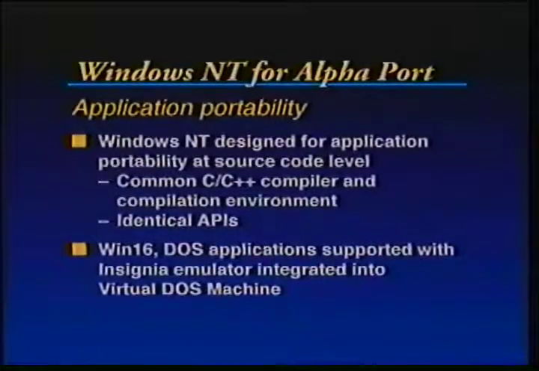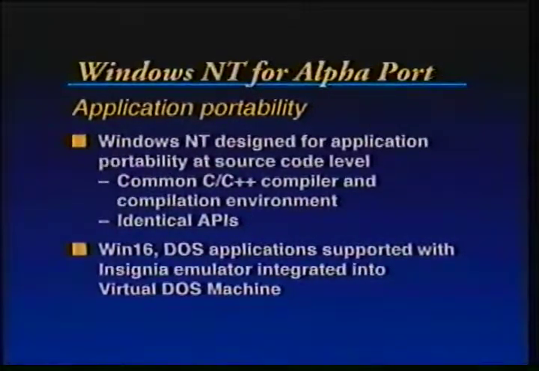Another thing that we wanted to ensure both our users as well as third-party application developers was that the programming environment was going to be the same on Alpha as it is on Intel and MIPS. And so the goal is to provide a common C and C++ compiler and software development environment for Intel, MIPS, and Alpha. As well as the same software development environment, it also meant support for identical APIs.